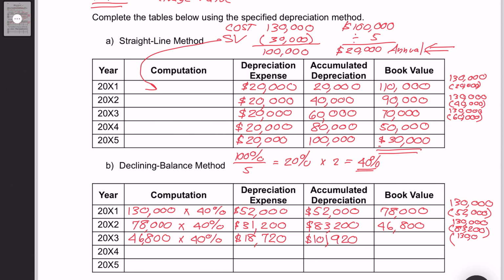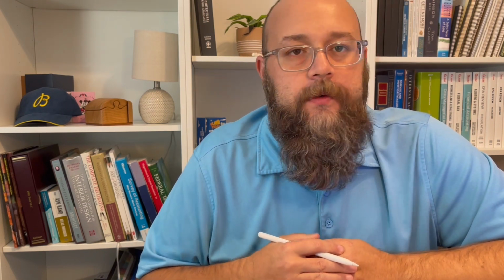I take my $130,000 and I subtracted out the $101,920. I would end up with $28,080. So this is a problem because I can't go ahead and reduce this below my salvage value. So now I know that I can't do this one. I'm going to have to go back and redo it.